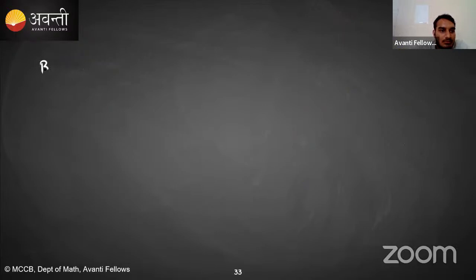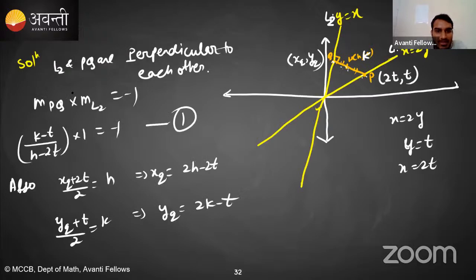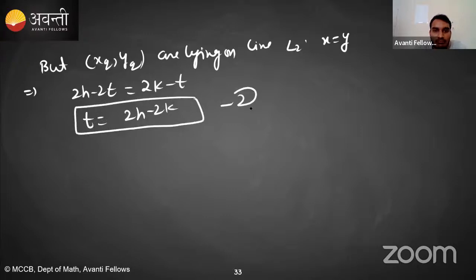But (xq, yq) lies on line L2, which is x = y. So it implies 2h - 2t is equal to 2k - t. So from here t comes out to be 2h - 2k. This is equation 2. Is this clear?